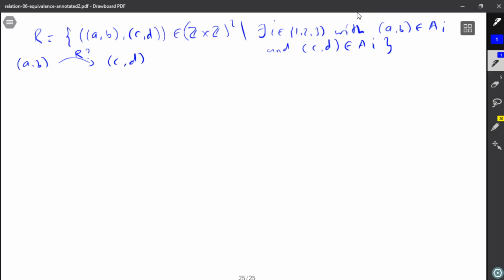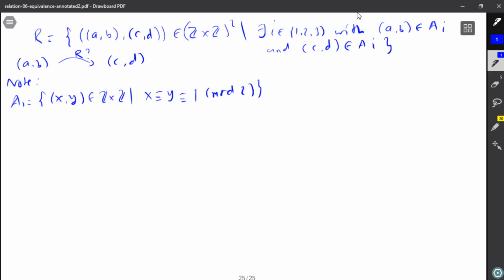So note that A1 could be written this way, right? It consists of pairs x comma y such that x is equivalent to y, and they are all equivalent to 1 mod 2, right?